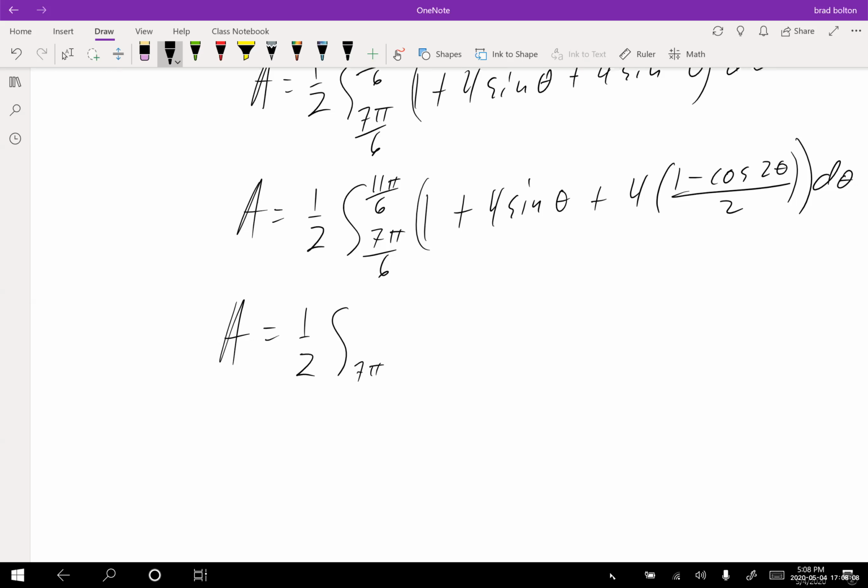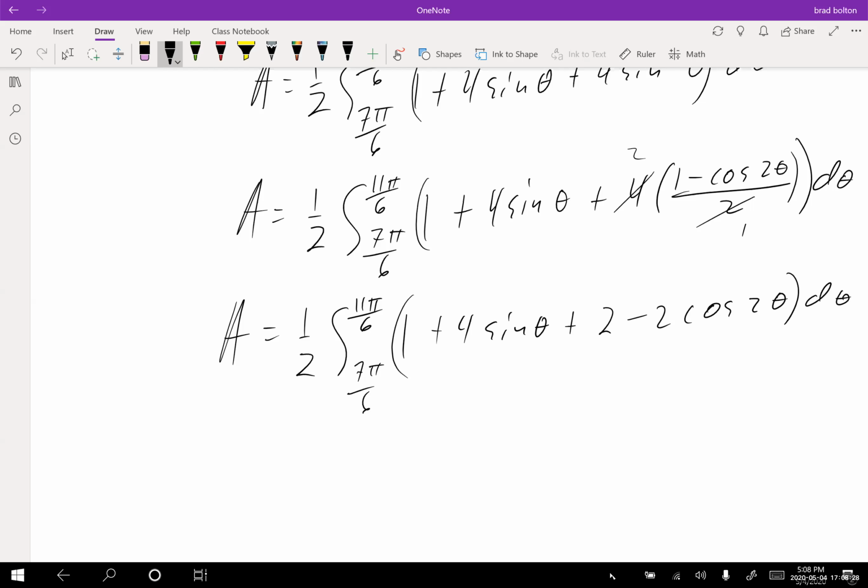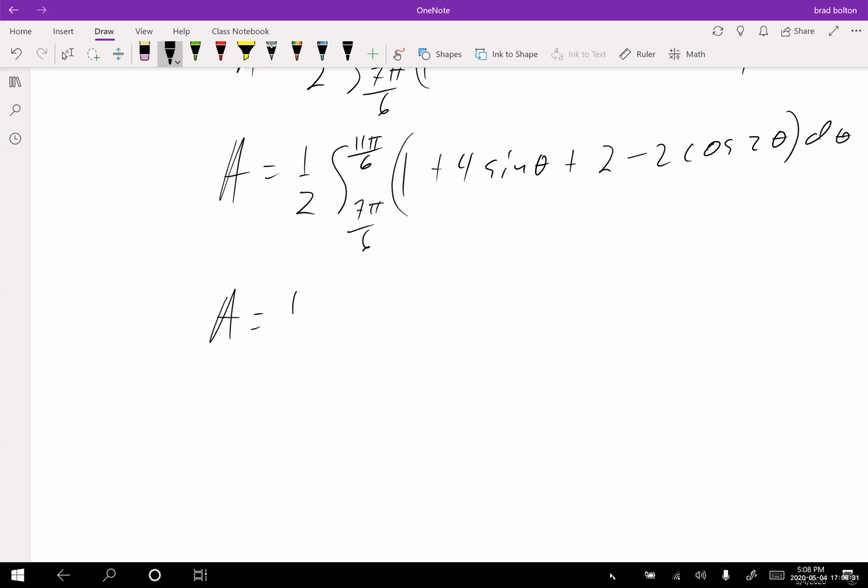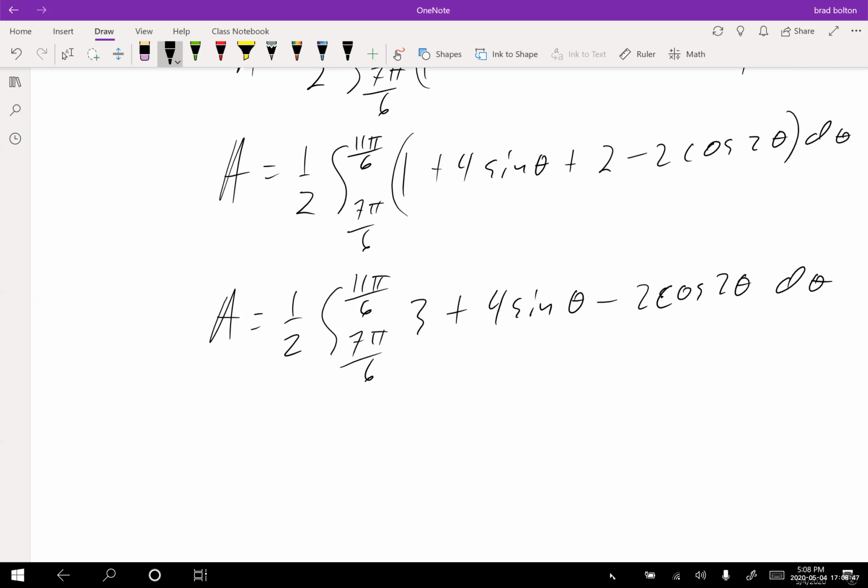So this would be 7 pi over 6 to 11 pi over 6 of 1 plus 4 sine theta plus 2, because we can cancel a little bit, plus 2 minus 2 cosine 2 theta d theta. So we can do a little more cleanup. 1/2 integral of 7 pi over 6 to 11 pi over 6 of 3 plus 4 sine theta minus 2 cosine 2 theta d theta.